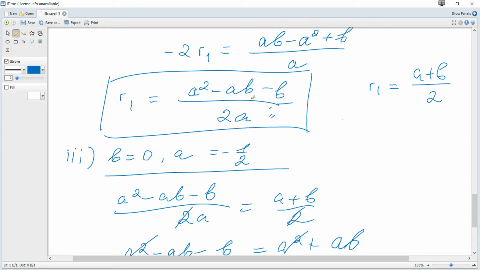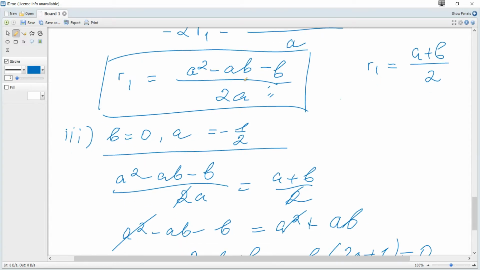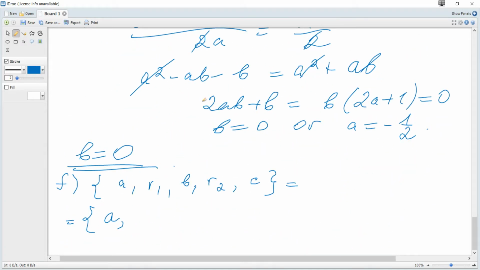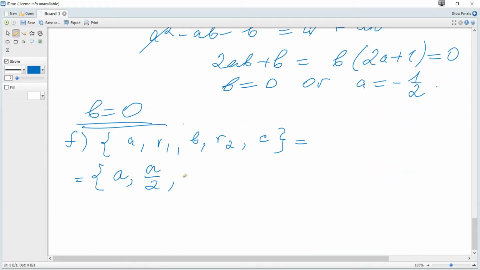R1 is this one, but when B is 0, it becomes just A over 2.